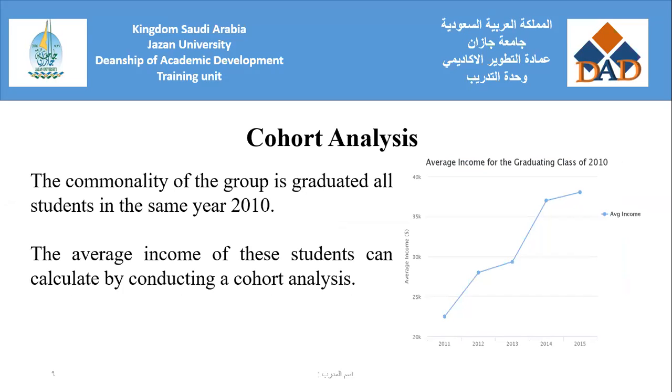For these graduated students, we calculated the average income by conducting a cohort analysis. When we observe the average income of the 2010 batch, the income from 2011 is increasing in an increasing manner.